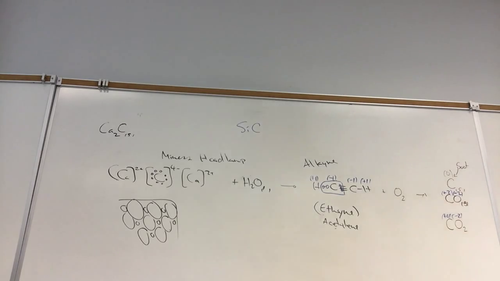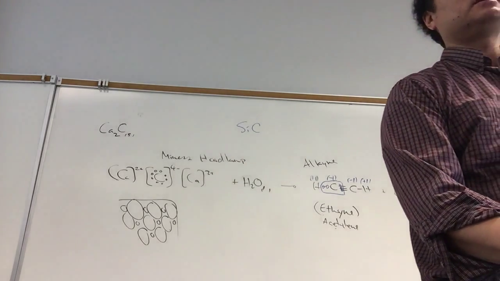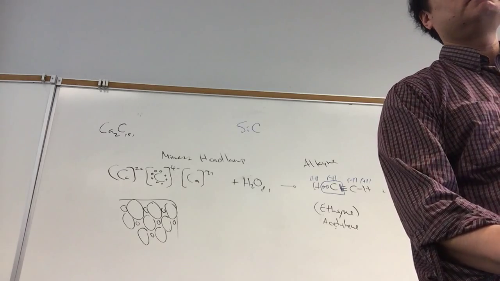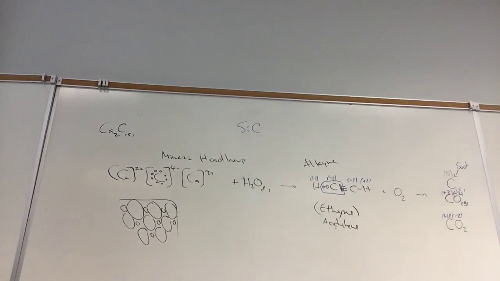But you know what? I'm just going to keep opening this. Get more air in there. And then I don't want just complete combustion. I want ultra complete combustion. Carbon trioxide. Or carbon tetroxide.